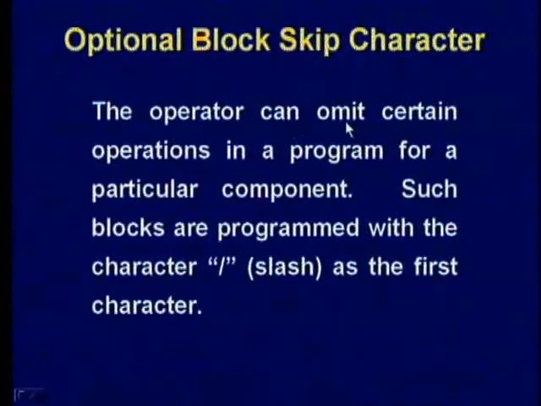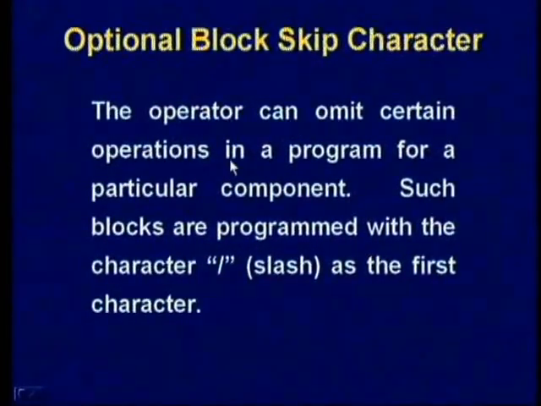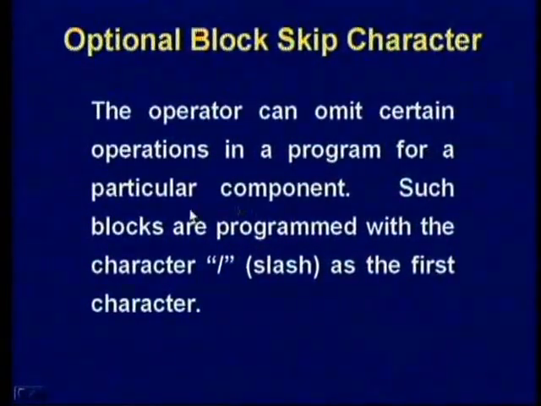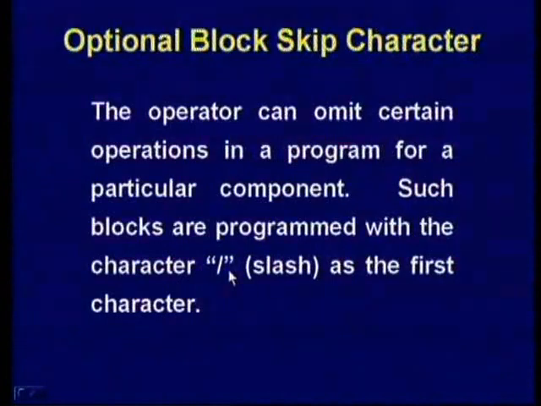It is denoted with a slash. So the operator can omit certain operations in a program for a particular component. Such blocks are programmed with the slash character as the first character.